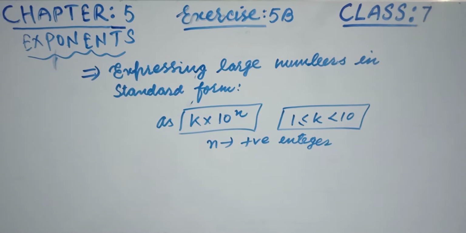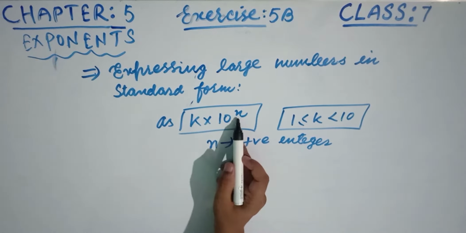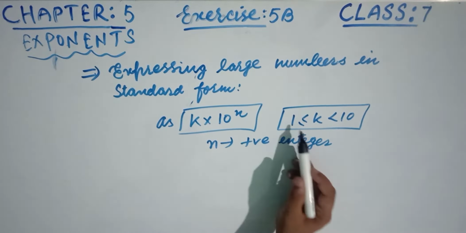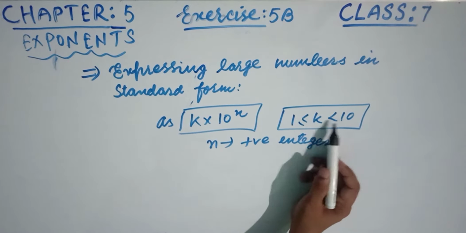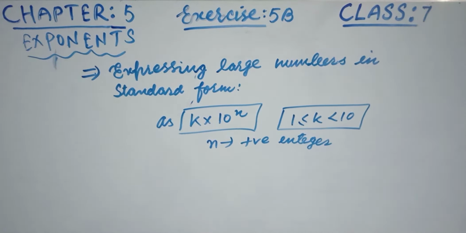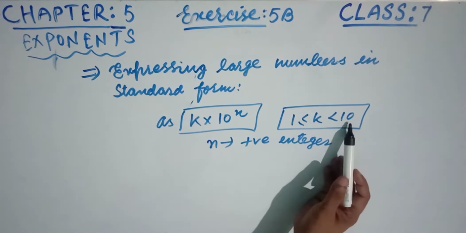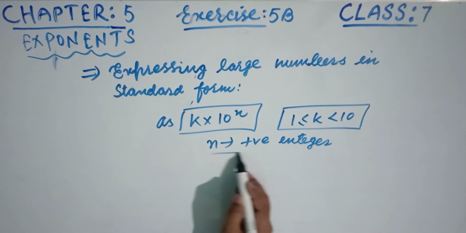So see, friends, any number which is very large can be expressed in standard form, like k multiplied by 10 raised to power n, where 1 less than or equal to k less than 10, means the value of k is equal to 1 or greater than 1 but less than 10, and where n is a positive integer, friends.